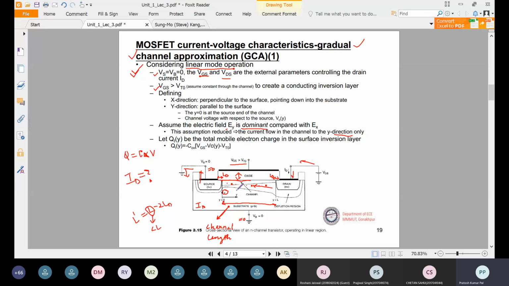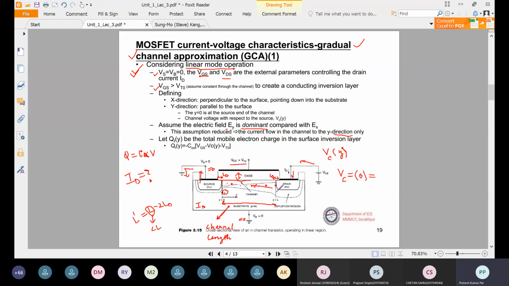As we have taken y equals 0 at this location, the source side, similarly y is taken as L at the drain side. Suppose the channel voltage is represented by Vc, then for all y, along the length, it will be given by Vc at a particular y. This is the representation of voltage throughout the channel. At y equals 0, Vc of 0 is the voltage at this point, equal to Vs, because at this point the voltage will be the source voltage.